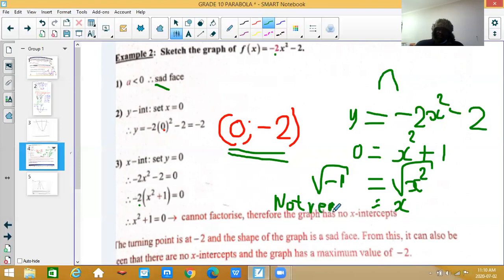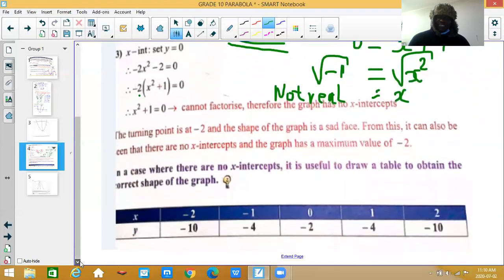You must interpret this and realize that it is not real. So the graph does not cut the x-axis at all. It does not have any intercept with the x-axis. But we know that we have a turning point.